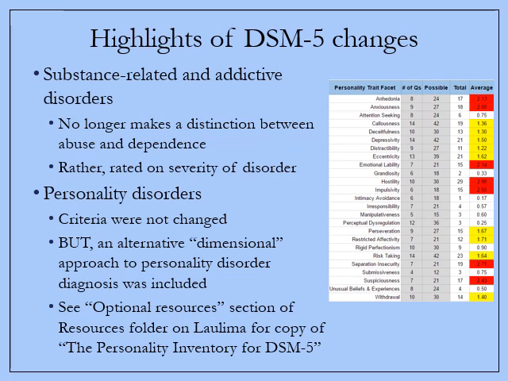A person answers a very long list of questions. I think it's like 300 questions. And the clinician scores it and rates them on each of these personality facets. And I think this is an example of some anonymous person who took the personality inventory for DSM-5, which is this tool that can be used for this alternative approach.